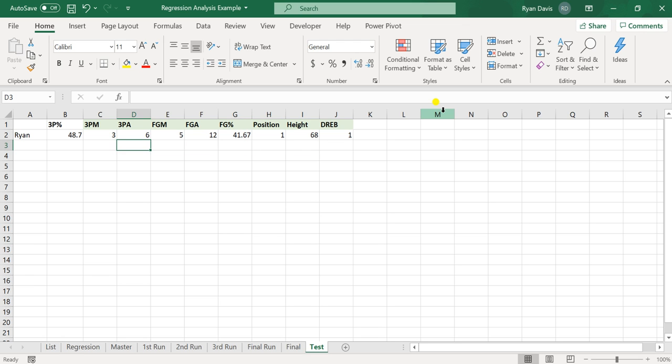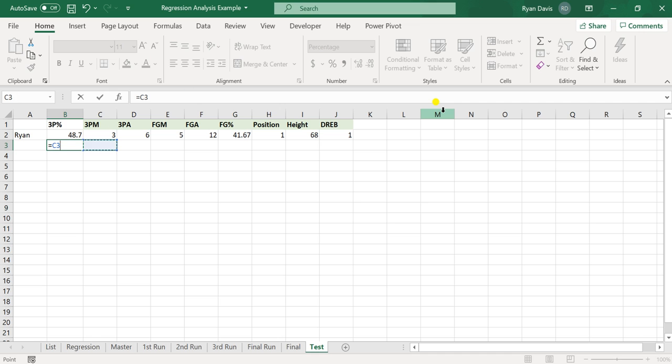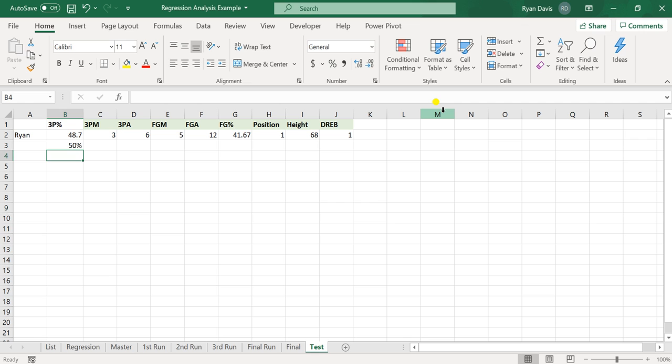All right, so it calculated that my 3-point percentage would be 48.7%, which is pretty close, because again, I'm tricking the model a little bit, and we can see what it is literally if we just do that. So if we do that, we know for a fact it really is 50%. Why? Because we know the formula. The computer does not know the formula.